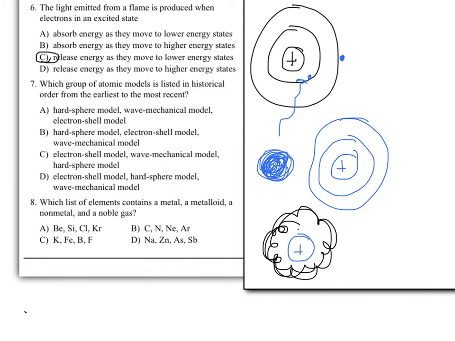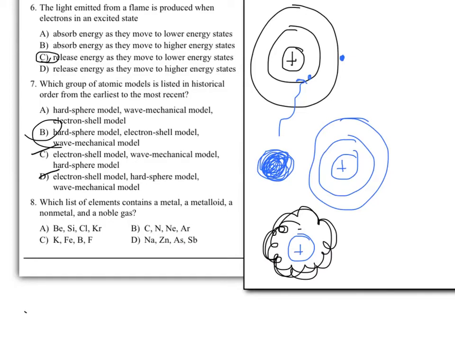So we know that the first model was the hard sphere model. That eliminates choices C and D. And then after the hard sphere, we have the electron shell. And our current model is the electron cloud or wave mechanical model. It's really important that you understand that the electron cloud model can also be called the wave mechanical model.